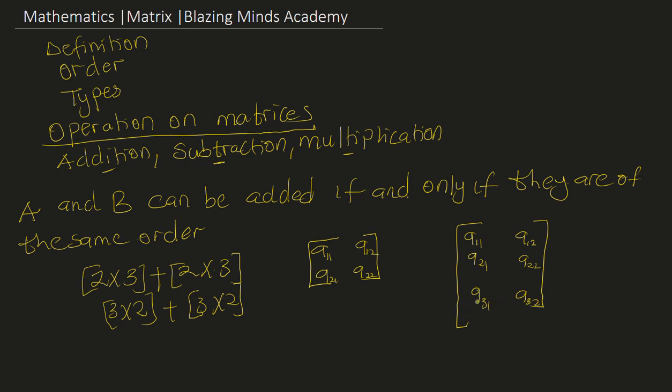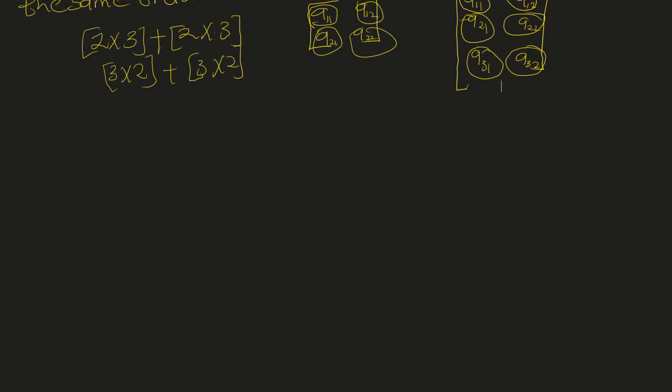Now if I have this type of matrix and I want to add, I will take the element here, added to the element here, and I will do the same thing for each and every one of the elements. So I've exhausted all the entries in matrix A, but in this matrix B I don't have any other element to pair with. That is why the order of the matrices must be the same.